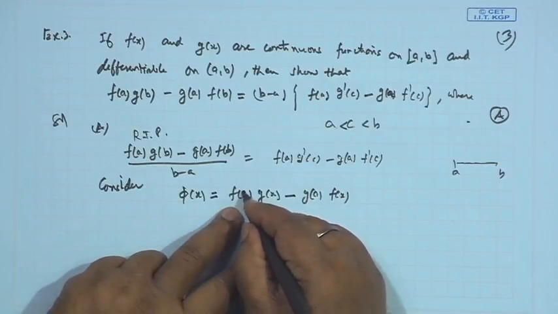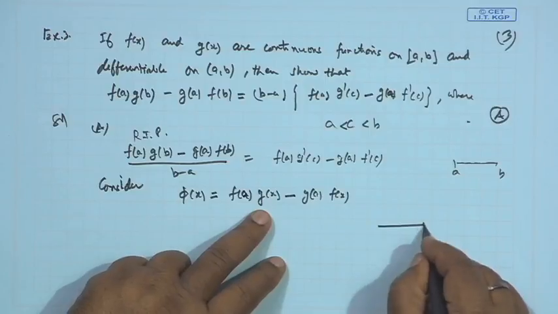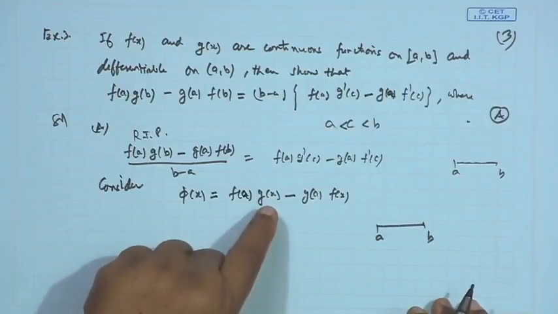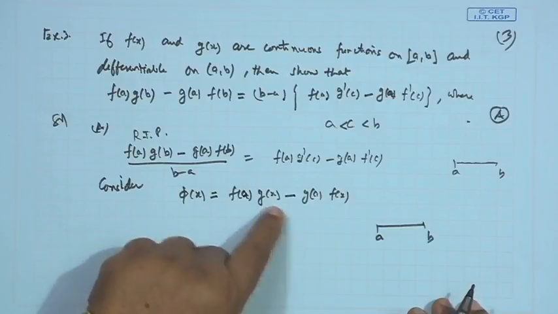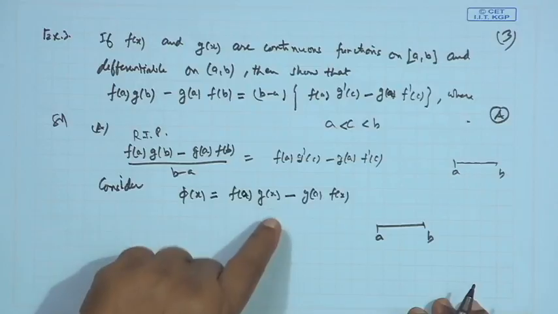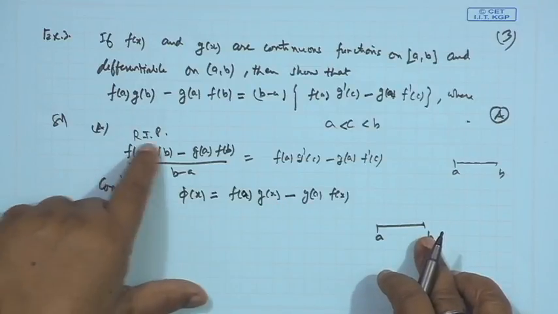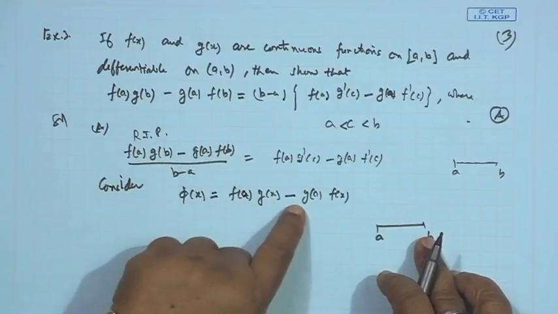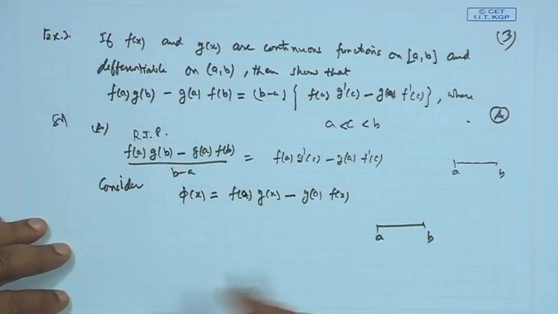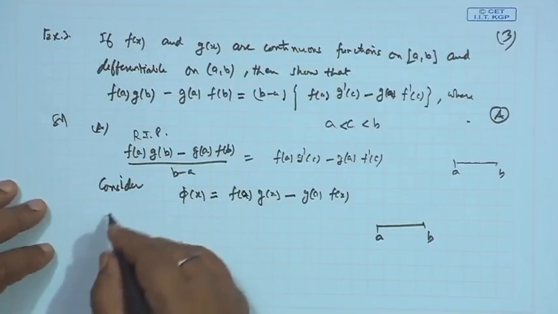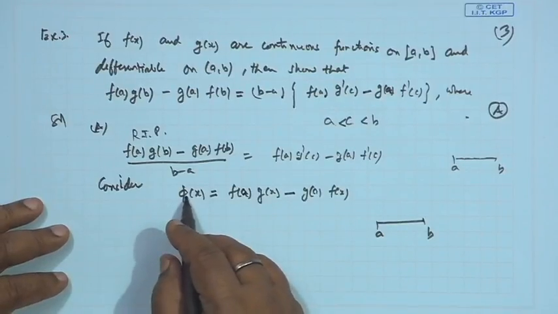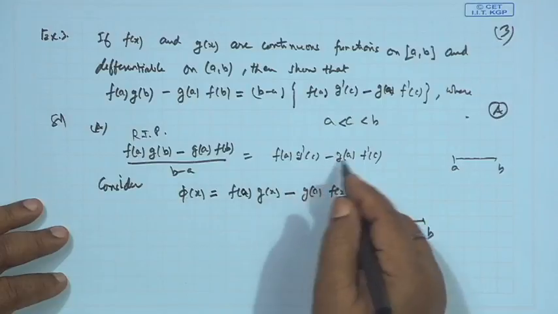This function is continuous and differentiable over the interval a b, because f and g are both continuous and differentiable. At the point b it has this value, and at the point a it has the value 0. So, if we apply Lagrange's mean value theorem for the function phi x over the interval a b, then we may get this result.